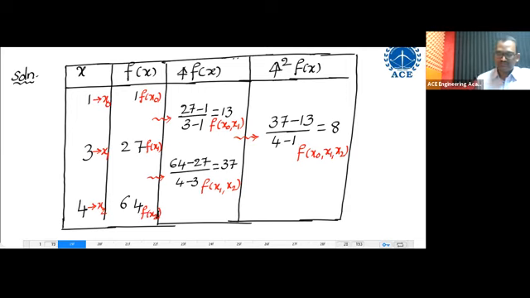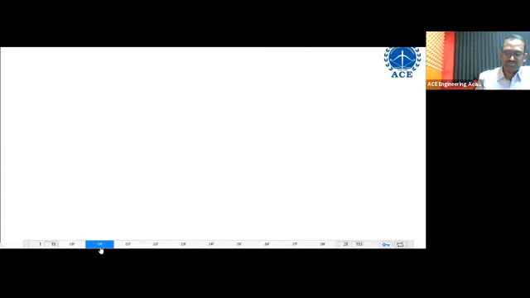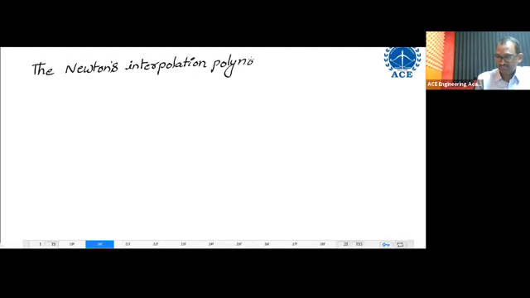Write the formula. Newton's interpolation is given by, they gave f of x, they gave p of x.